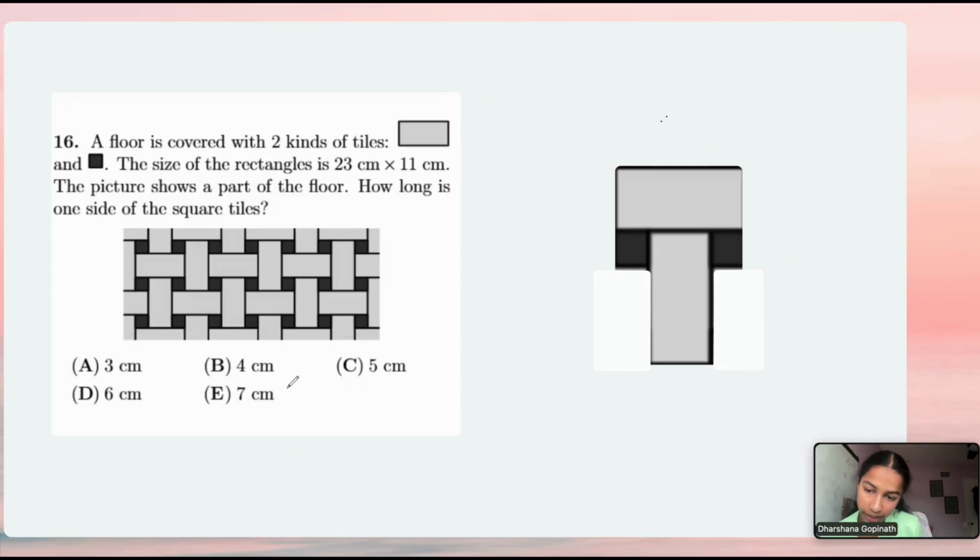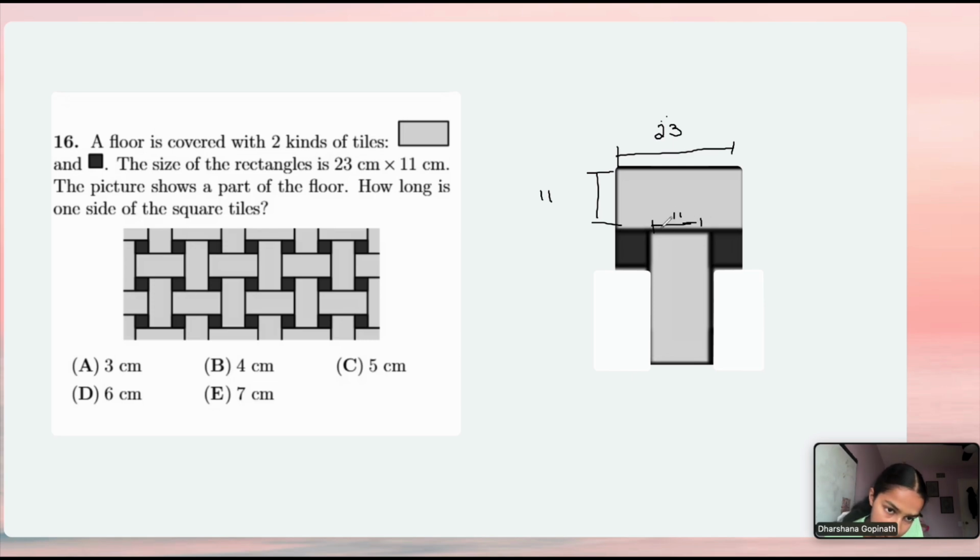So, I have a part of the floor here enlarged, so it's easier for us to solve. So, they said 23 by 11. So, the long side is 23 and the short side is 11. And this part's also 11.